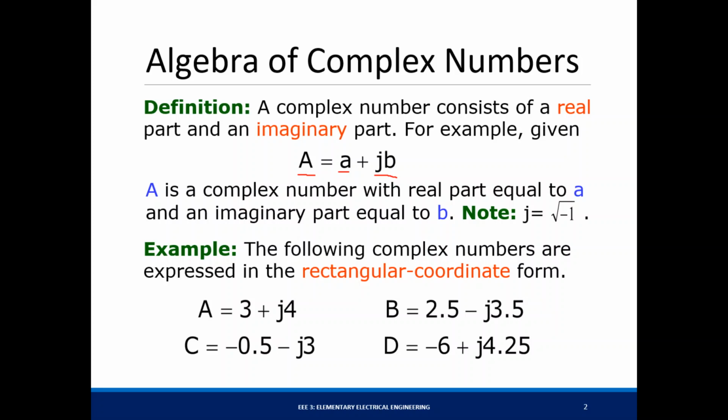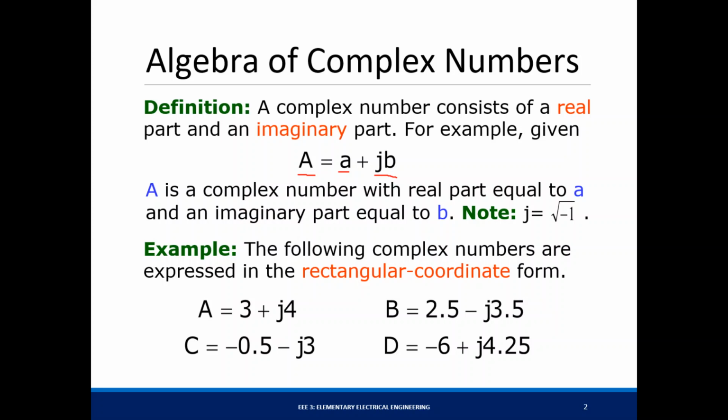Just some note that the j here represents the square root of negative 1, which represents the imaginary number here. It's written in j because i is already given to the current. So for electrical engineers, we represent the complex numbers as j.